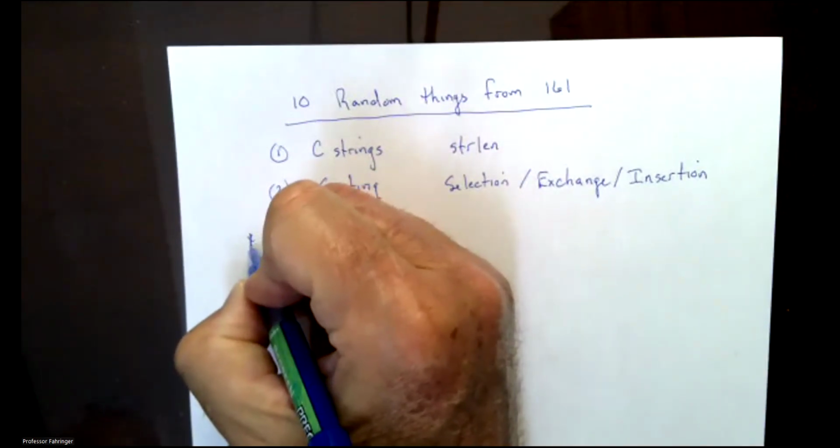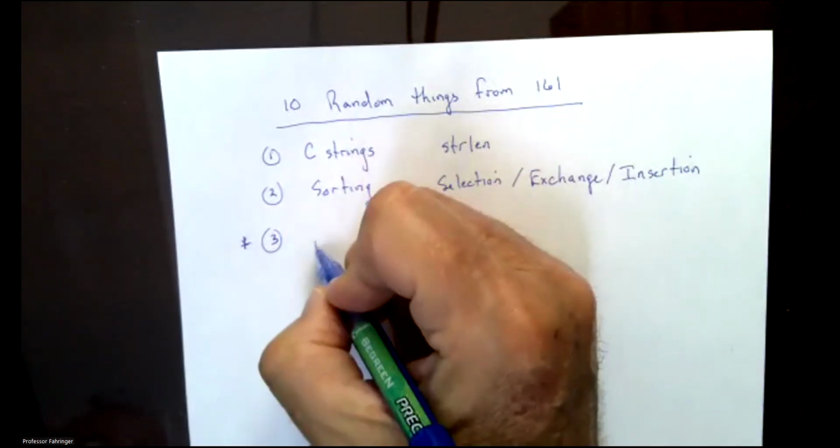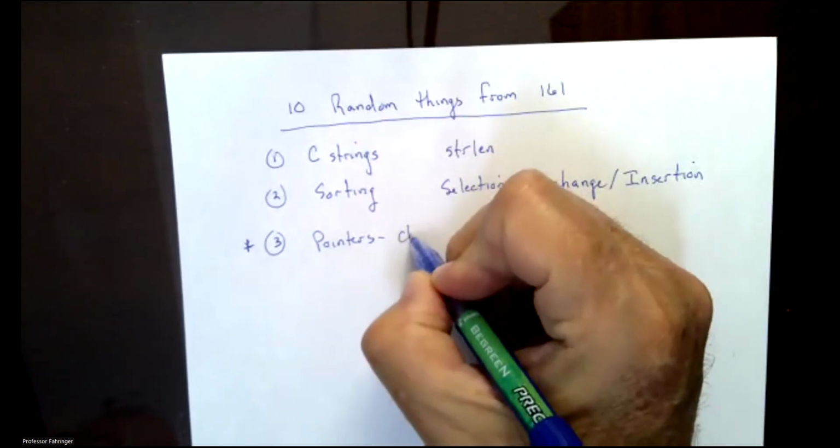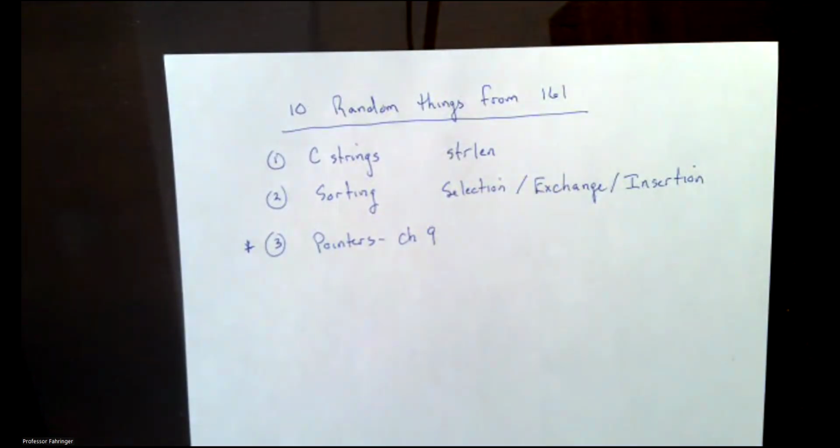This was a biggie. I'm going to go back and mention pointers. Pointers was chapter 9. We did all kinds of stuff with pointers. And I have information on your videos that you're watching for next week for chapter 14. We start out with pointers, and it gets briefly talked about.